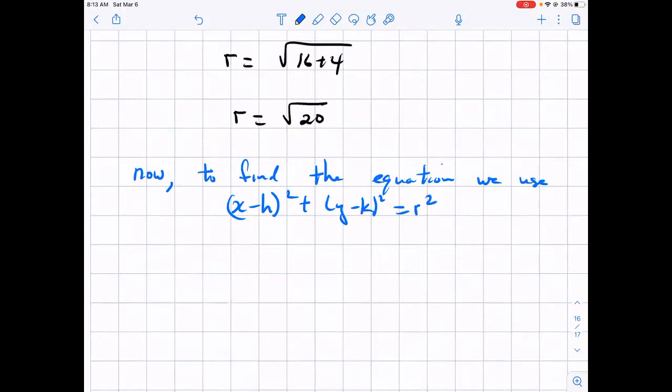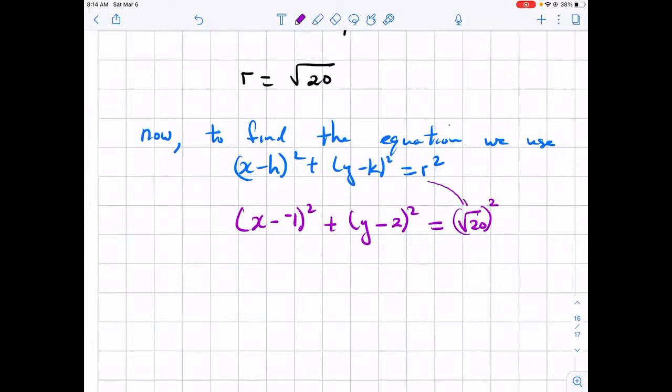And we know the center, so we have x minus, instead of h, a minus 1, squared. Y minus k, instead of k, we know it's 2, squared. And r is the square root of 20, but we squared it.